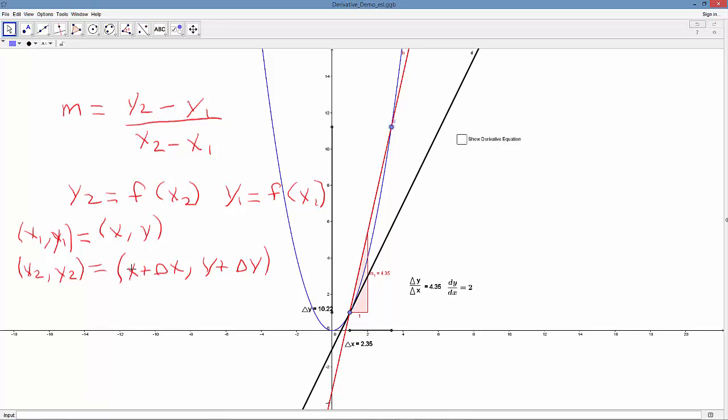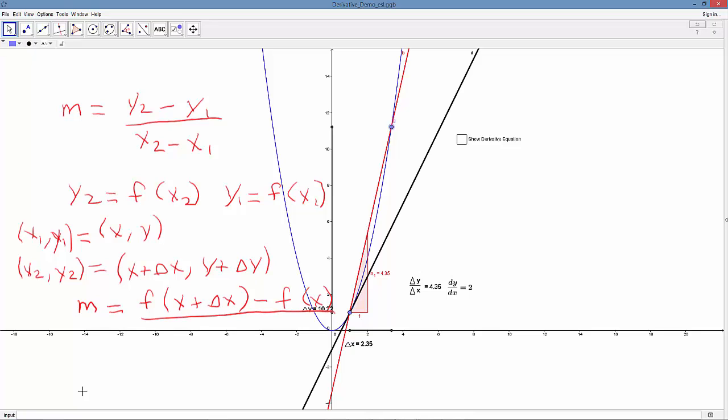So using our function notation, we can rewrite the slope of our secant line as y2, which is going to be given by f of x plus delta x, because x2 is given by x plus delta x, minus f at x, because x1 is given by x.